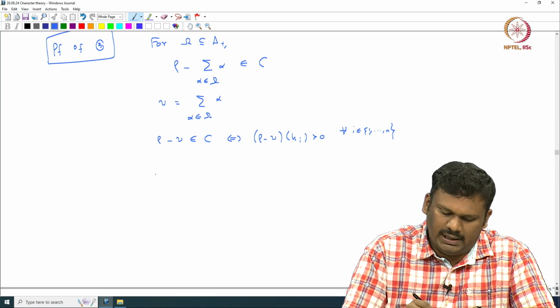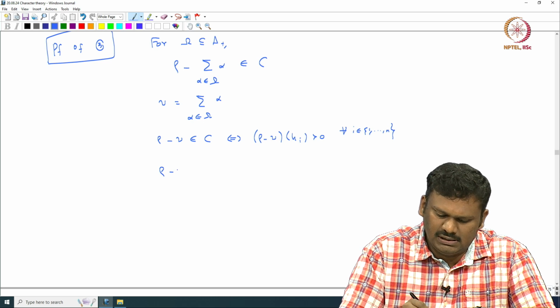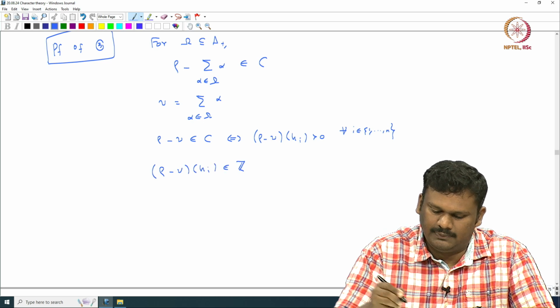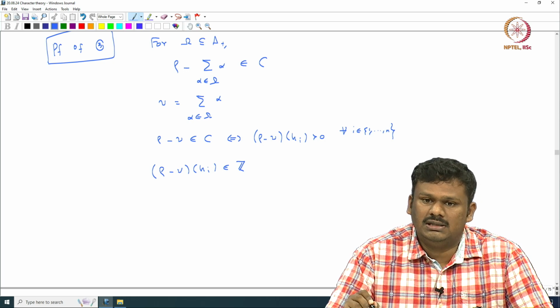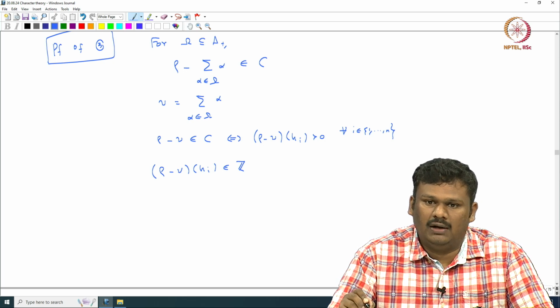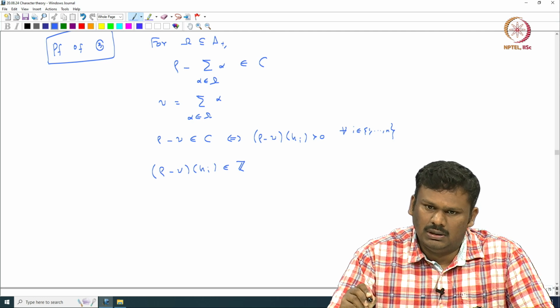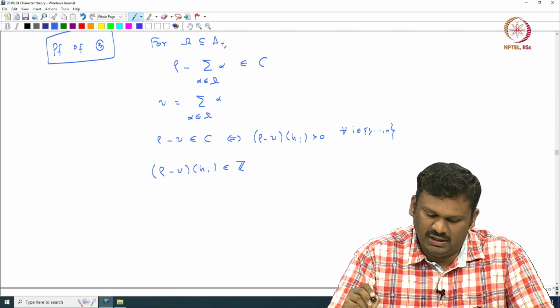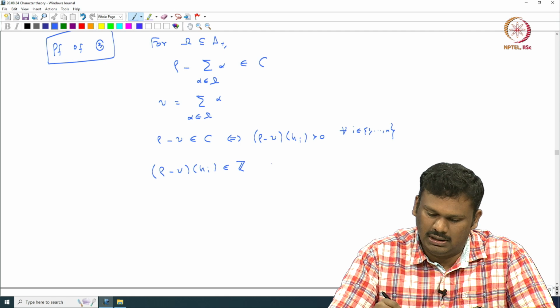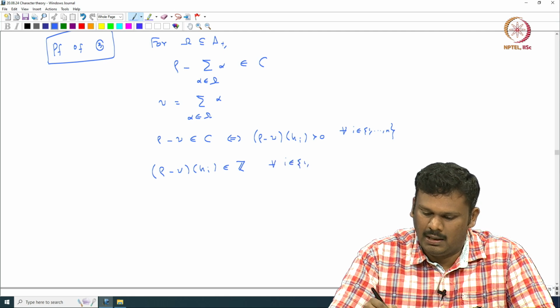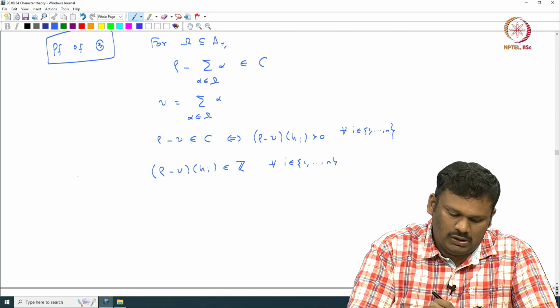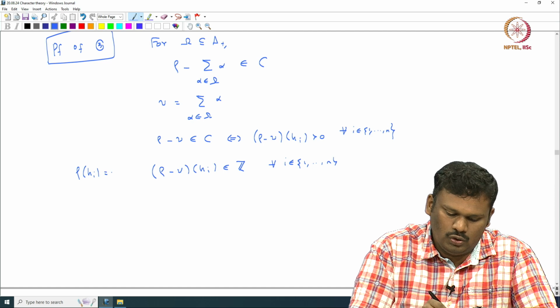Now note that this rho minus V of Hi is supposed to be an integer, because V is a sum of positive roots. So alpha of Hi is actually an integer for all alpha. In particular, rho minus V of Hi must be an integer, and this is true for all i. Not only that, we also have rho of Hi equal to 1.